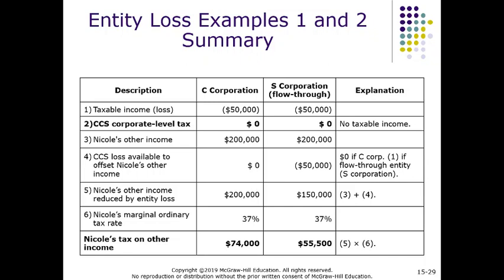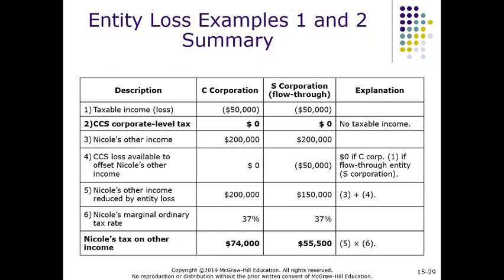You would ask questions like, do you expect to have losses in the business, or do you expect to have net income, taxable income in the first couple of years? If they're going to have losses, maybe they want to be flow-through entities starting out. They could always convert to a C Corp. That's easy. But like I said, it's difficult to start out as a C Corp and then convert to an S Corp or some other flow-through entity.